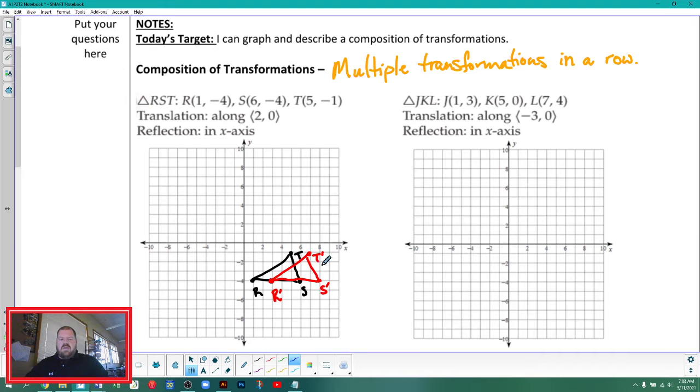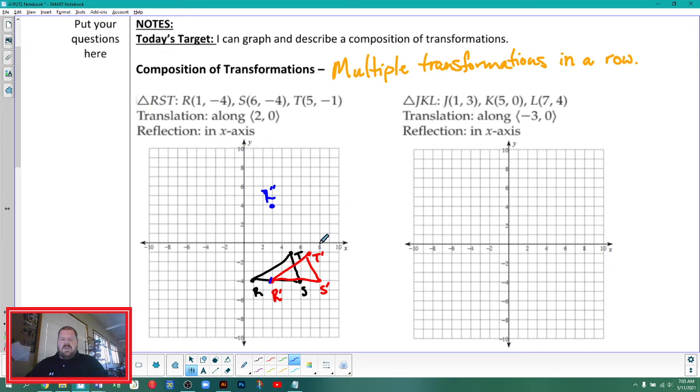Okay. Now it says I want to reflect it in the x-axis. I want to look at its reflection in the x-axis. That's the horizontal axis. And so R prime is 4 units away, so I'll move 4 more units away, and I'll get R double prime here.